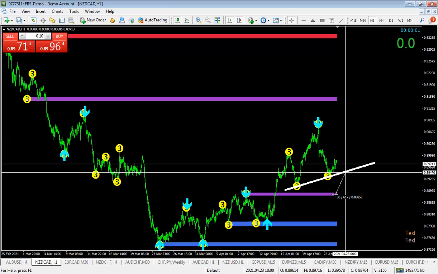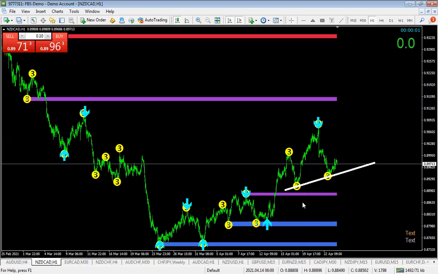Now, if the market doesn't retrace back, and it breaks through this resistance, then we are looking forward to the next resistance here, which is 142 pips, right?